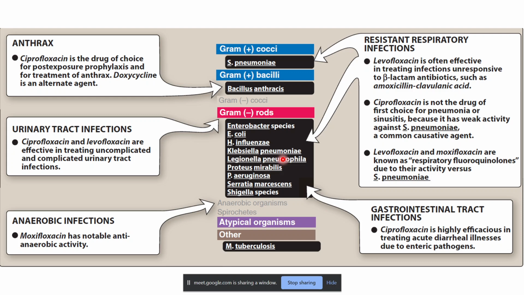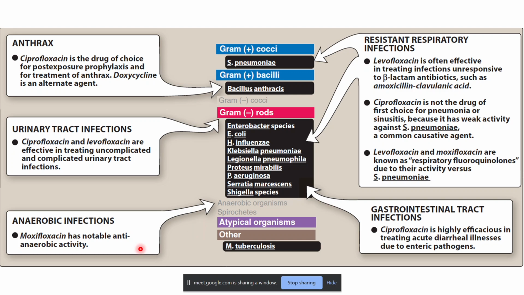Klebsiella are often the resistant ones. Also urinary tract infections caused by Escherichia coli and Proteus mirabilis, and GI infections caused by Enterobacter species and sometimes Escherichia coli, though Escherichia coli is a normal microflora of the GI.